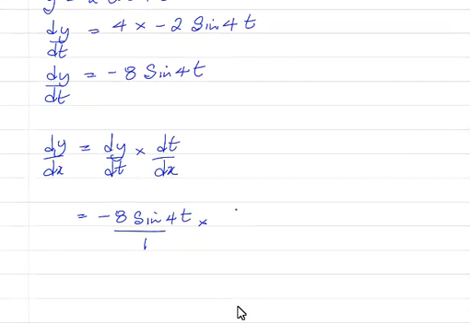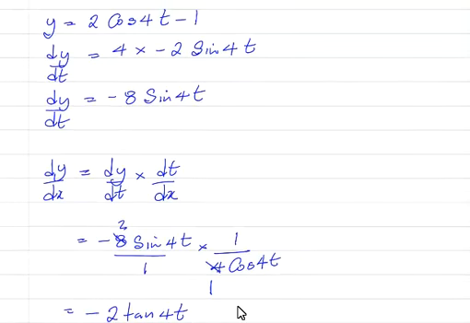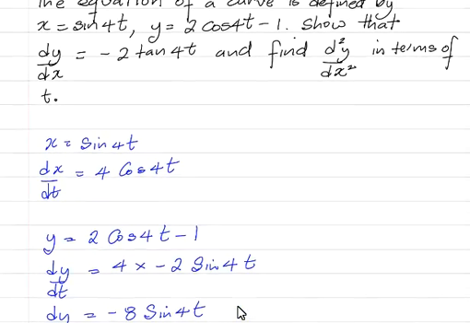So this simplifies to 2, and the answer is minus 2 tan 4t. We were asked to show that dy by dx is equal to minus 2 tan 4t, and it came out to be exactly that. Now we're asked to find d2y by dx squared in terms of t.